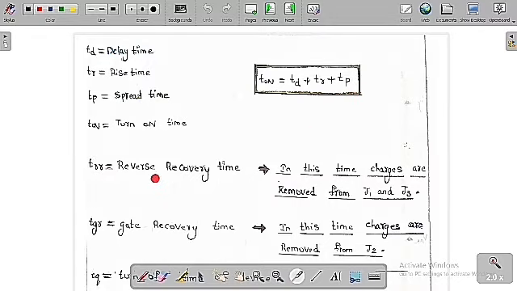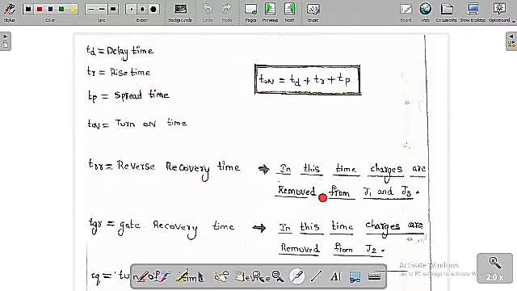TRR means reverse recovery time. When the current goes from 0 to minus 0.25 IRM, we call this the reverse recovery time. In this time, charges are removed from J1 and J3.